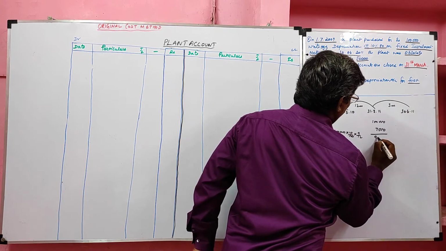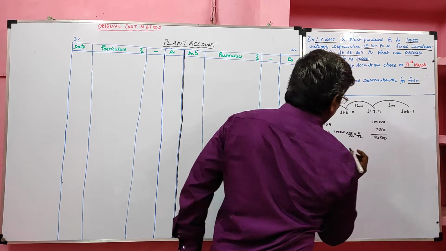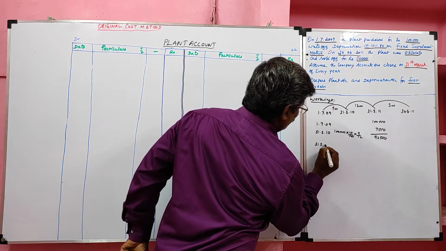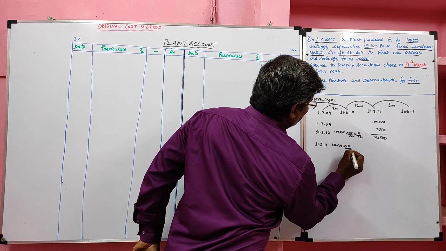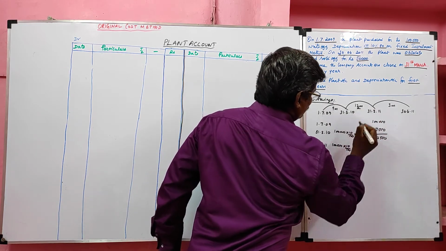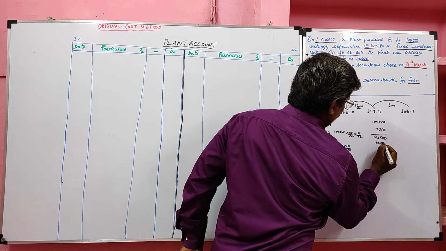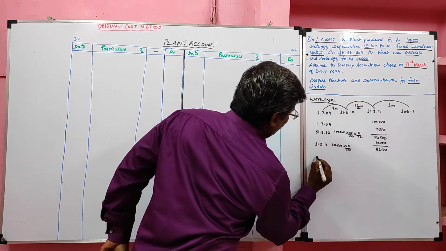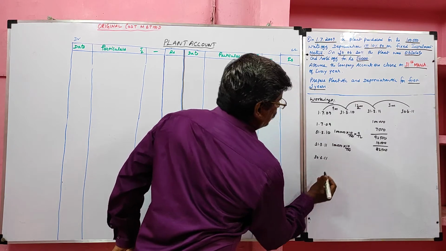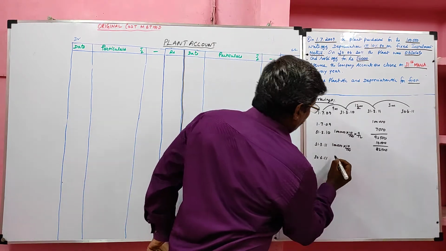So balance 92,500. Second year ends 31/3/2011. Again we have to provide on original cost. In the second year we used 12 months, so we can provide full depreciation, 10,000 rupees. Balance 82,500. At last we sold on 30th June 2011.